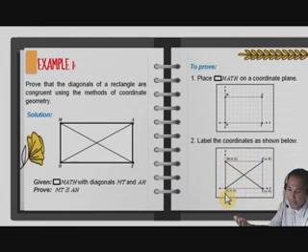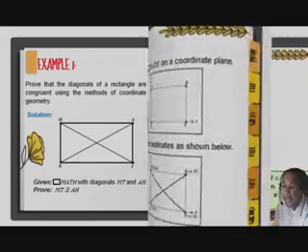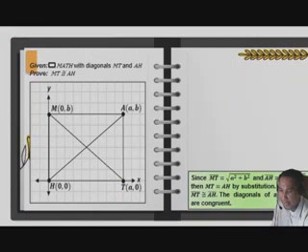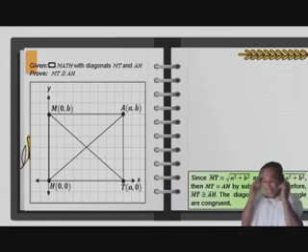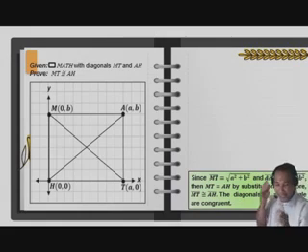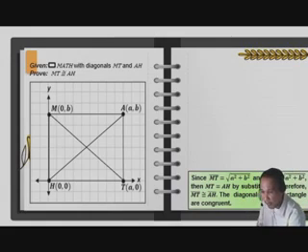Again, this is 0, 0, this is 0, b, this is a, b, and this is a, 0. We use these to prove that the two segments are congruent or equal. You need the coordinates of the points first to know how far apart they are. Now we find the distance between those points.